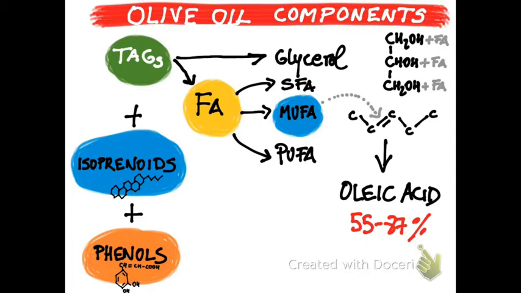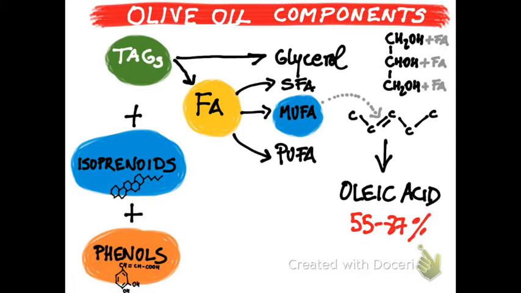Okay, olive oil contains more components. The most important is triacylglycerol, but we also have other compounds that are important for the properties, the comfort of the olive oil. This composition of olive oil in terms of fatty acids is possible to find in other vegetable oils.